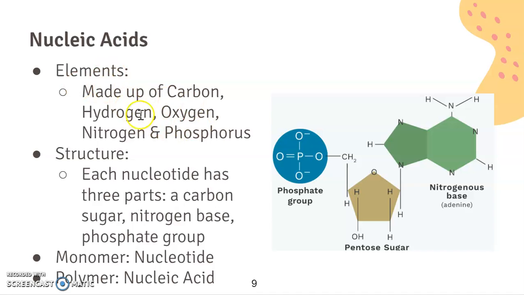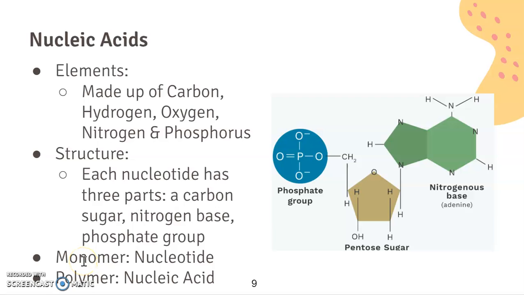I'm going to show you where these come in a little bit later when talking about this image on our right. So again, it's got the C, H, and O, but it does not have the N, the nitrogen, or the P, the phosphorus.